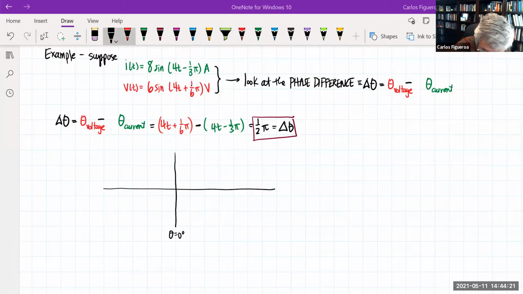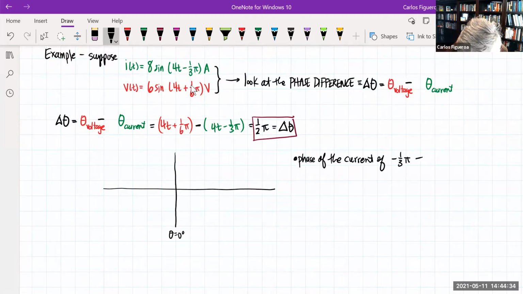So the phase of the current of minus 1/3 pi implies that it shifts to the right.